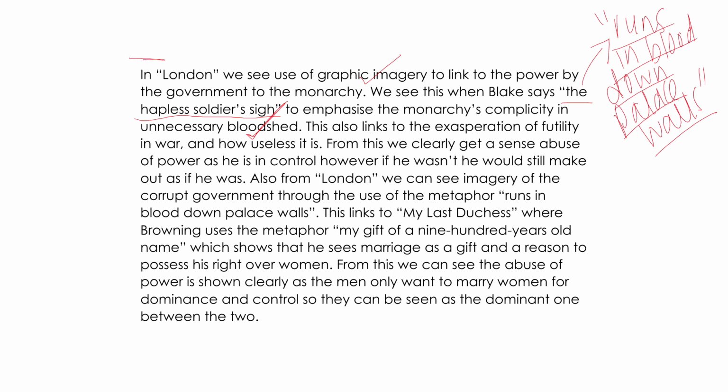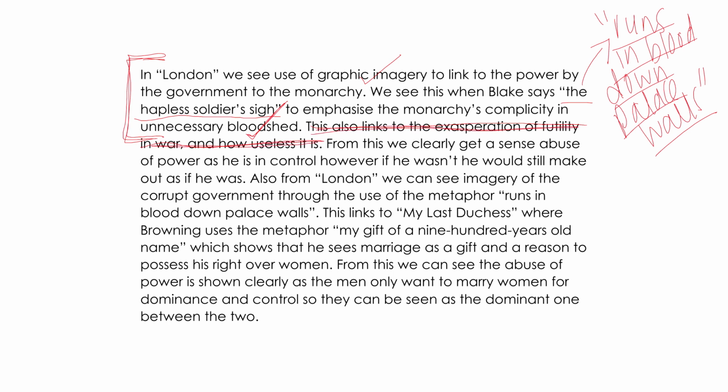That means that we have now turned this first part into a clear analysis, so we're in band 4 at the moment. We then need to think about this next part, and potentially taking that out because it's not necessarily relevant to the quotation.